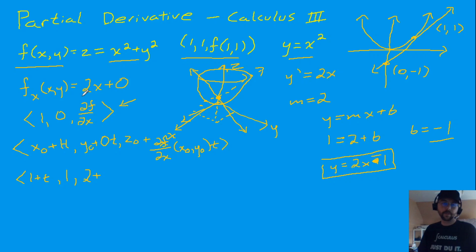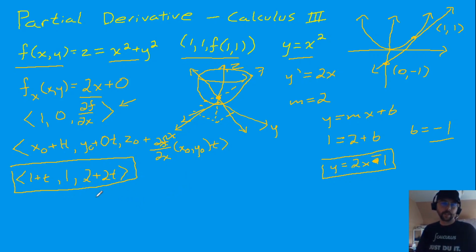So this is the partial, and when we plug in 1, we get 2, so 2t. So this is the equation for the tangent line that is parallel to the x-axis.